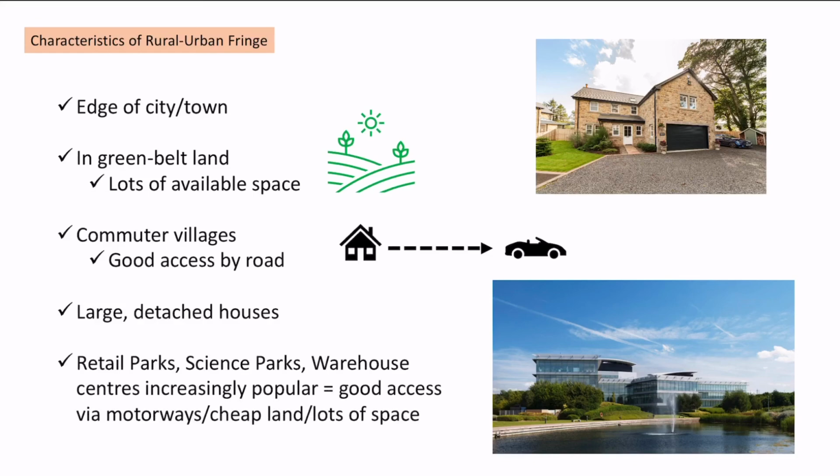Alongside the fact that we've got lots of space, and I've already said we've got good access through motorways and ring roads, it's going to be very attractive to organisations that need good access and space. Retail parks, those out of town shopping centres, science parks and warehouse centres, the kind of places that hold your orders when you order something from Amazon, need lots of space and good access, and they want cheap land, which they can't get in the CBD, so they're going to start pushing into these rural urban fringes.